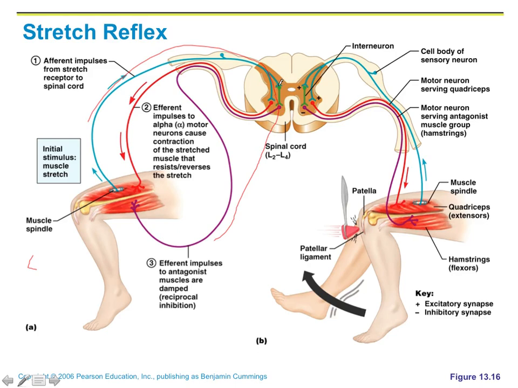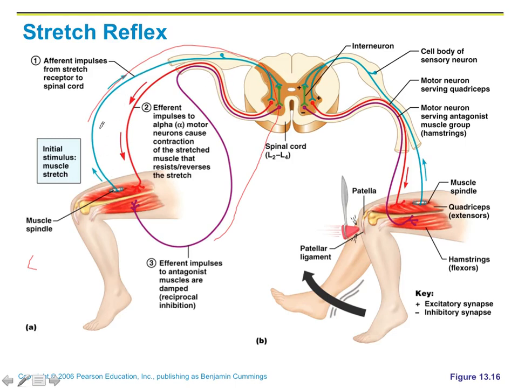The nerve fibers get into the posterior horn, and then divide into two fibers. One fiber synapses directly with a motor neuron. The motor neuron travels through the ventral root to innervate the muscle that is extended, that is stretched.